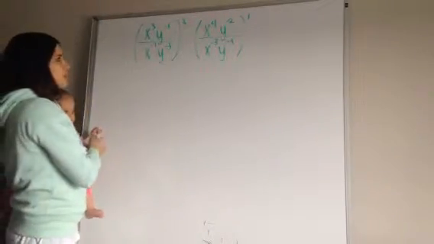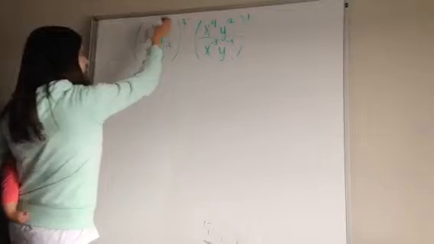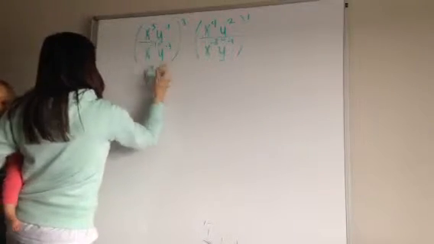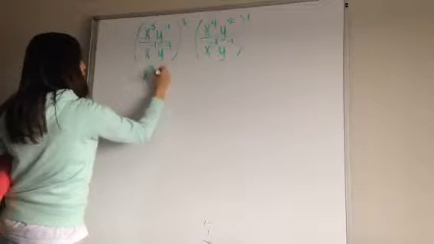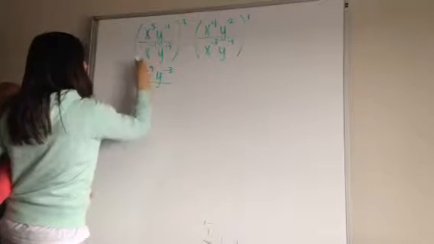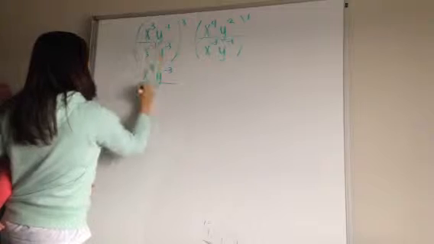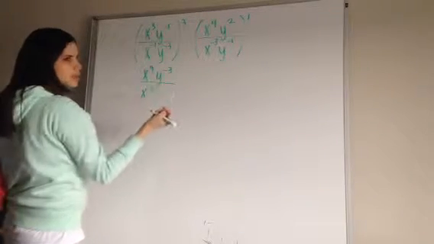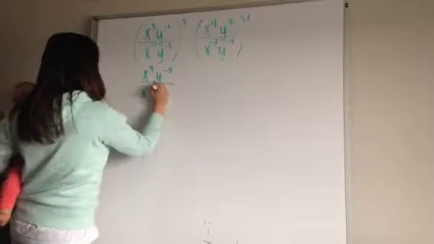Okay, so I'm going to put the power to everything first. So x to the third to the third, that's x to the 9th. And then y to the -1 to the third, that's y to the -3rd. x to the -1 to the third is x to the -3rd. y to the -3rd to the third, so -3 times 3 is -9.